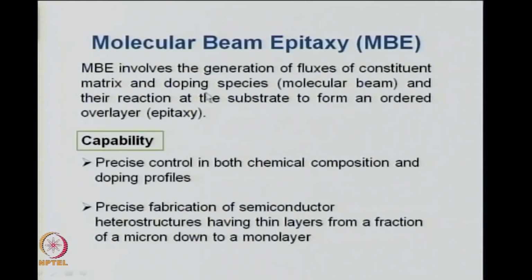So, the doping species and the matrix species form the molecular beam, and they react at the substrate to form an ordered overlayer. So, the substrate and the overlayer are exactly matching, and hence it is called epitaxy. The overlayer is guided by the structure of the substrate, and hence it takes exactly the structure of the substrate, then only you get epitaxy.